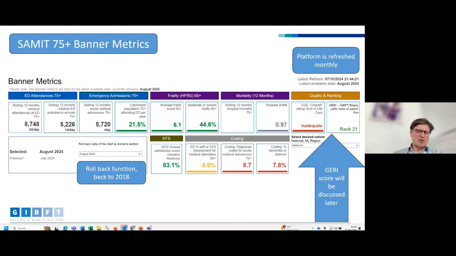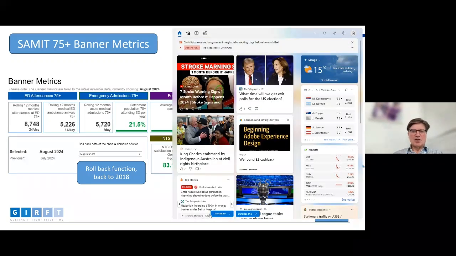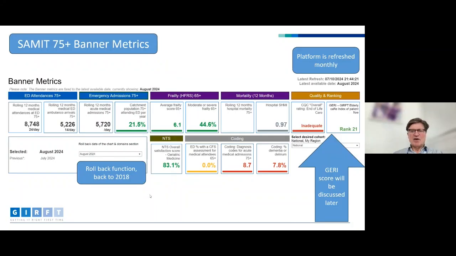But if you haven't got great coding, then you will tend to undercapture frailty, and that's where there needs to be a combination. If you've got very poor coding, look at the over 75 data as well as the frailty data. Next slide, please.